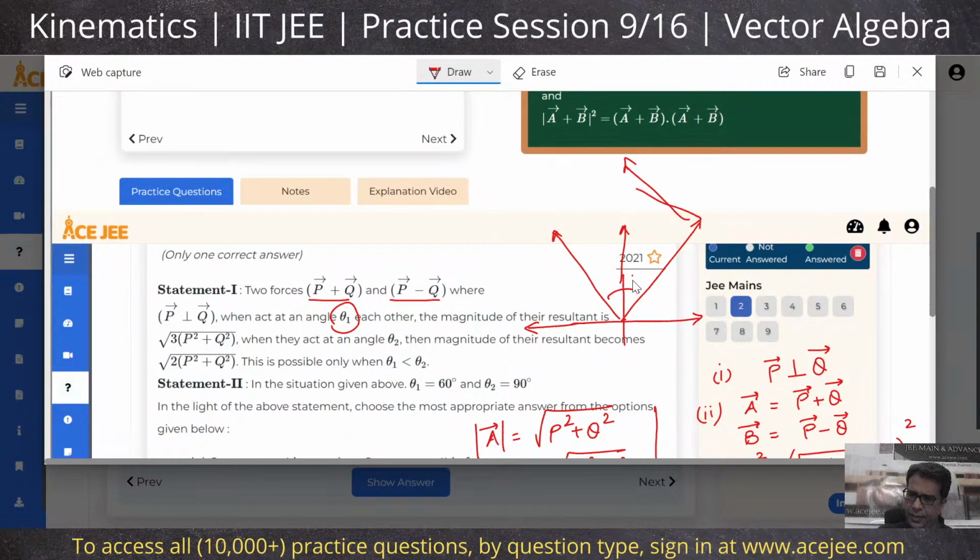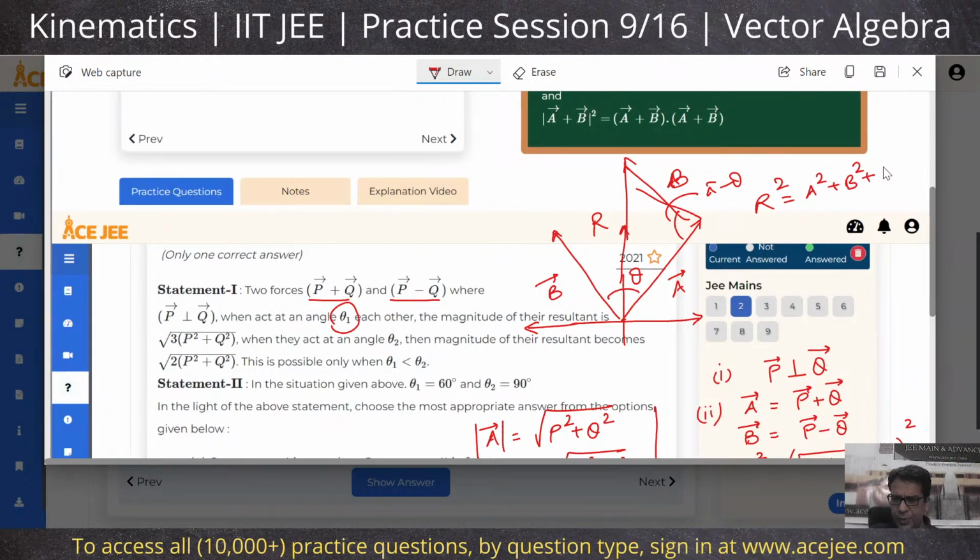If this angle is theta, then this angle is your pi minus theta, and then you can write the expression for the resultant R. So let's say this is your A, this is your vector B, then R square is equal to A square plus B square, in this case plus 2AB cos of theta 1. That's what you have done, beta? Is that how you have done it? Manan?